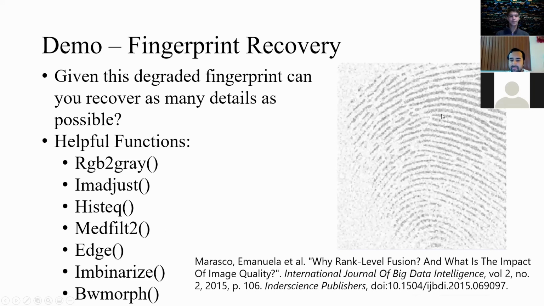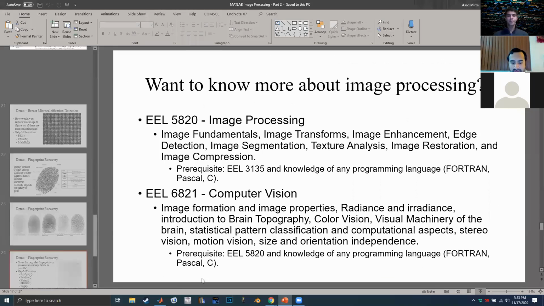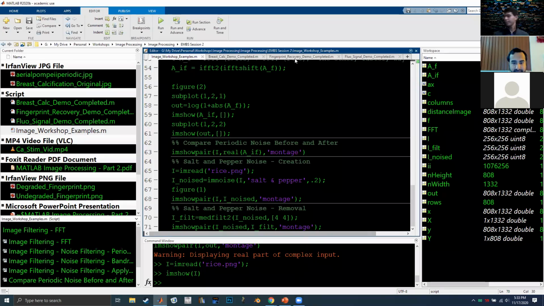Here's an example of a degraded fingerprint, and we're going to see if we can extract as much of the details from this image as possible. Here are some of the helpful functions you might want to use. A lot of them are highlighted in part 1 or part 2. We can go ahead and use these to figure out how to extract the details of this fingerprint. So let's go ahead and try this out.